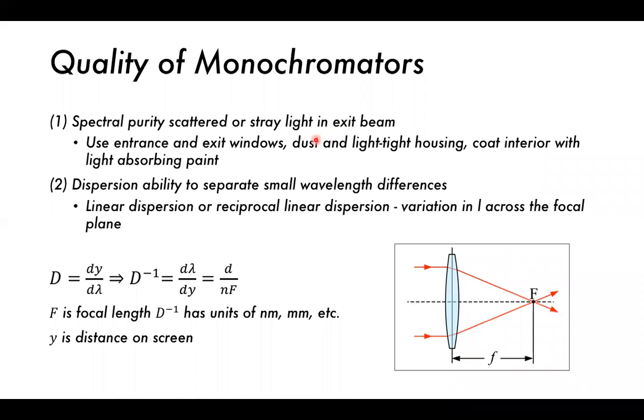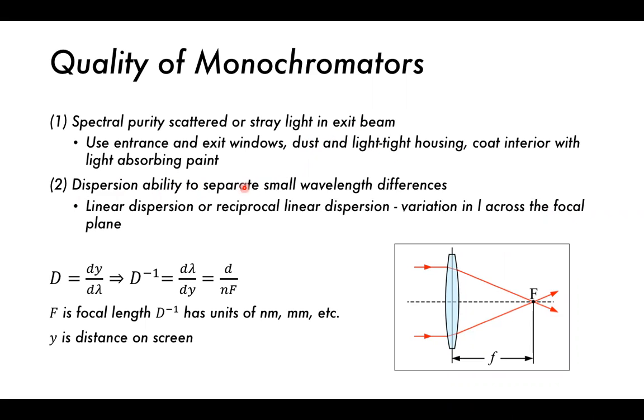We also need to make sure that there's no dust inside, because dust can get into the beam of light and can cause strange optical effects. So it needs to be light and dust tight. Usually you have a positive atmosphere inside the instrument or inside the room that the instrument is located in. This positive atmosphere means that all dust is pushed out.